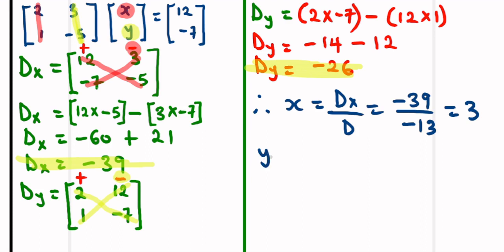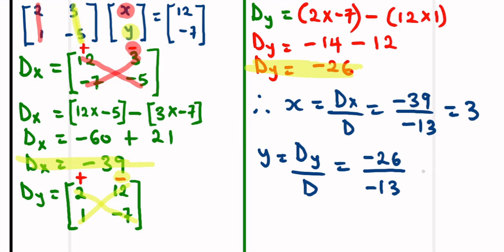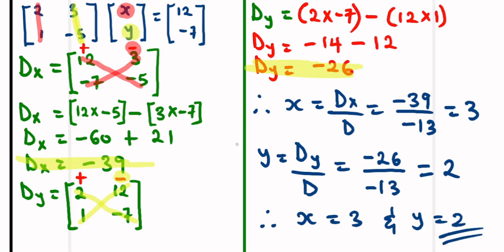Now for y, it is the determinant of the coefficient of y over d. So the determinant of the coefficient of y will have minus 26 all over the normal determinant, minus 13. So when I divide minus 26 over minus 13, I'll be having 2. So therefore, we've been able to get the value of x as 3 and the value of y as 2. So this is the answer for question number 1.